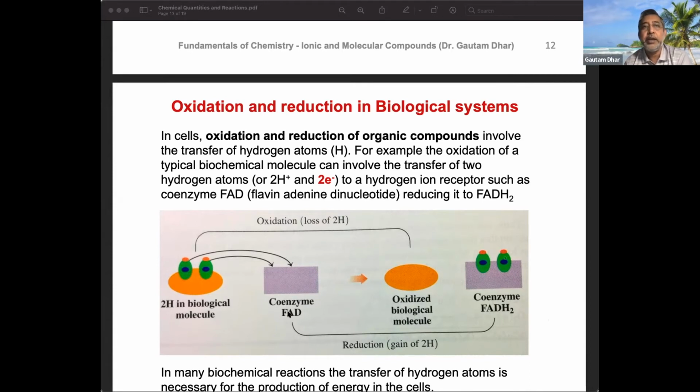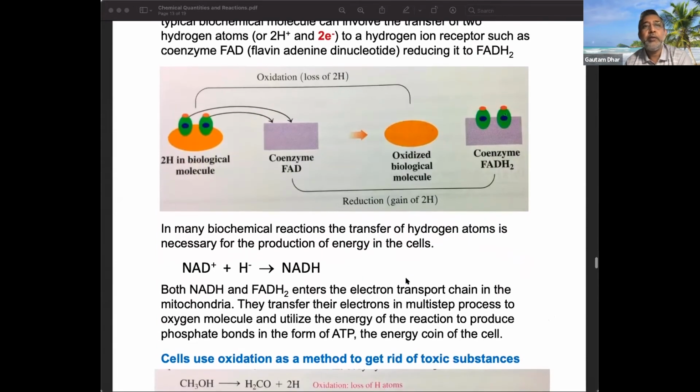So the FAD is getting reduced, and the biological molecule is getting oxidized. Another good example is NAD, NADH. These are molecules you will come across in your biological classes.